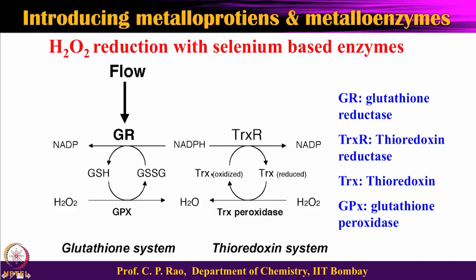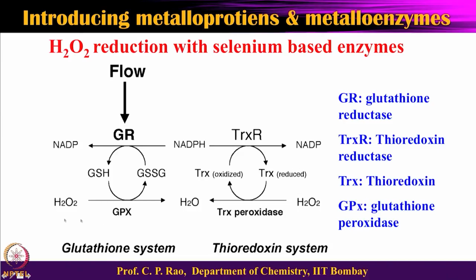The oxidized TRX is brought back to the reduced form by an enzyme called TRX reductase, and this TRX reductase in turn takes help of NADPH. Okay. So, finally, it is the NADPH. So, NADPH to TRXR to the oxidized TRX, and that is one cycle.